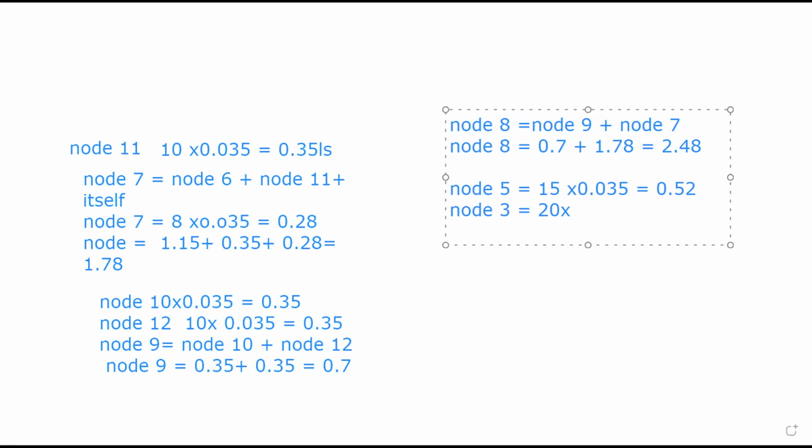So that will be 20 times 0.035. I think that will just be times 2. 1.04.